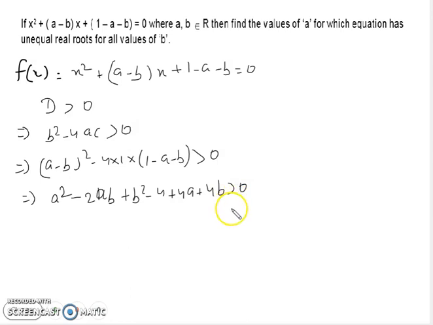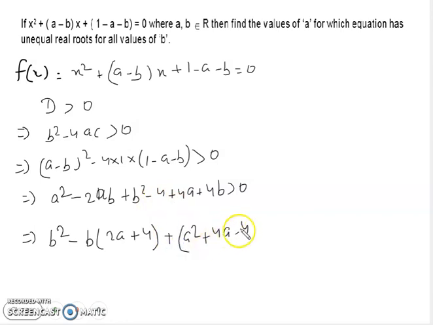Now the terms become b square minus, after taking b as common from the two terms, b times (2a plus 4), minus (a square plus 4a minus 4).